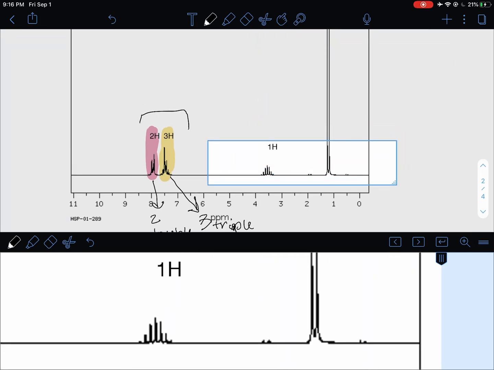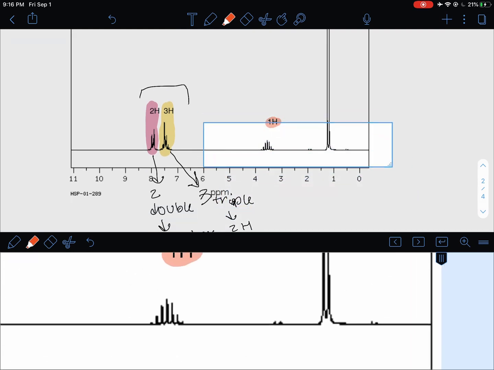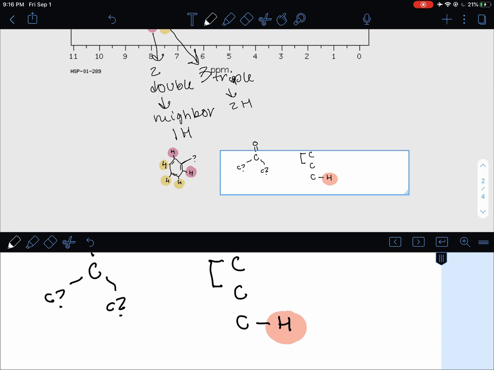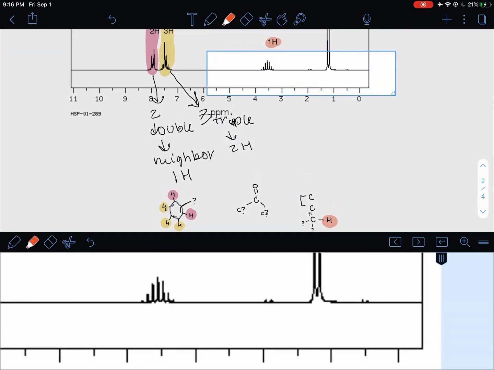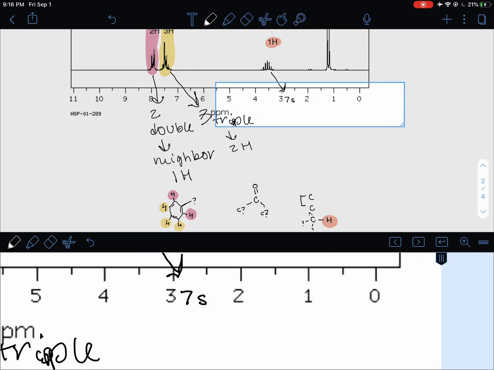And from this information up here, we have 1 H. We obviously cannot have 1 H and make things identical, so the H will have to be on this C. And then this C will have to be bonded to 3 other things that we do not know yet. This 1 H also tells us that it has 7 spikes, so there will be 6 hydrogens on the neighboring carbons.